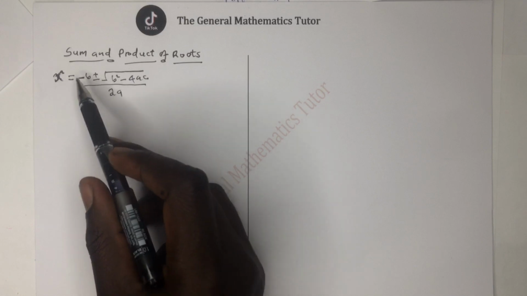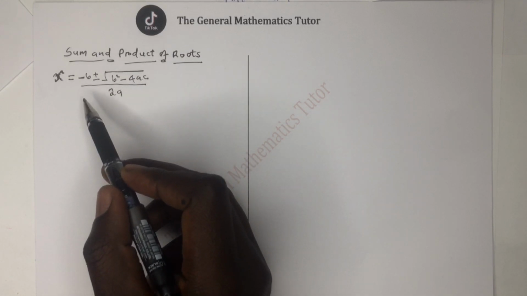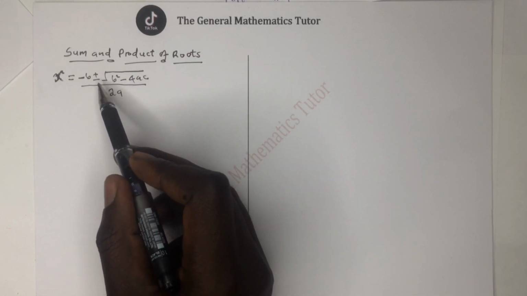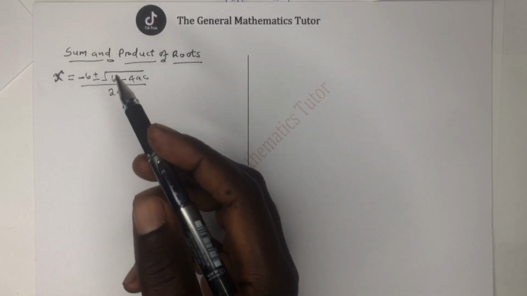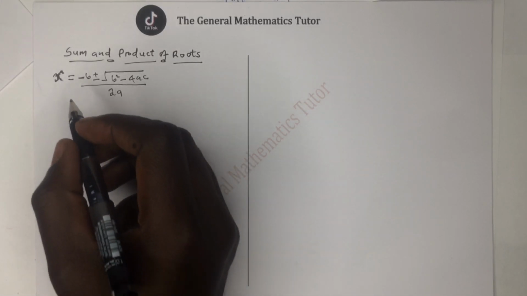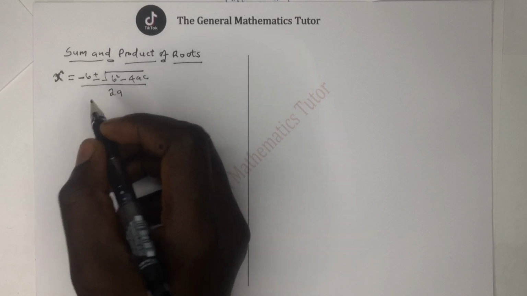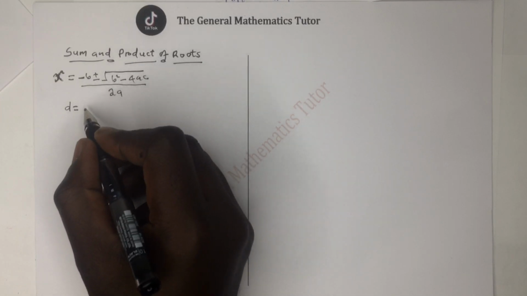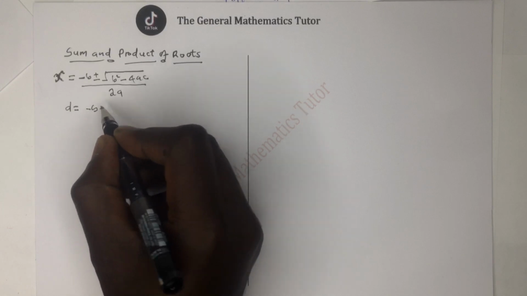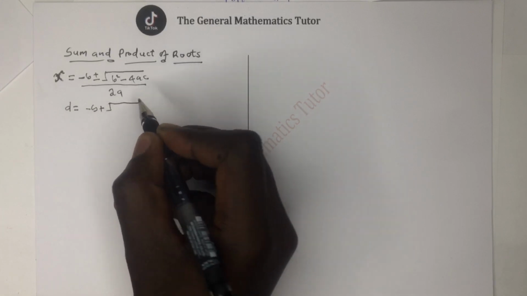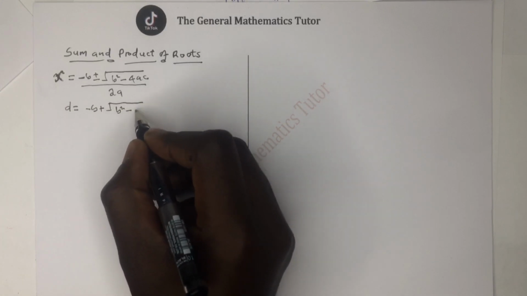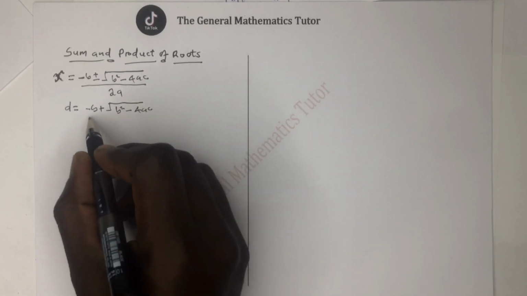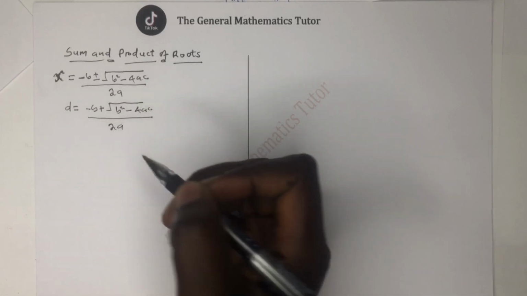So literally this has two parts: the positive part and the negative part. We can split those two so that the one with the positive we call alpha. That alpha is equal to minus b plus the root of b squared minus 4ac over 2a.